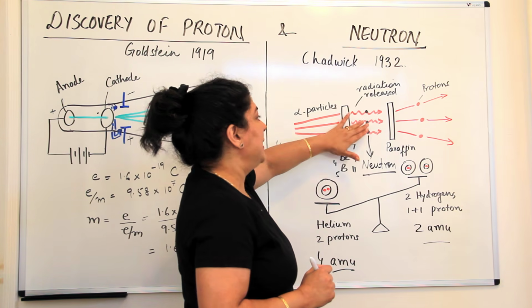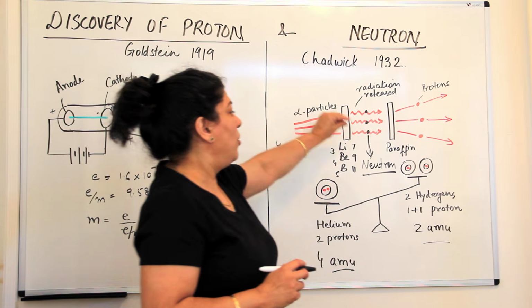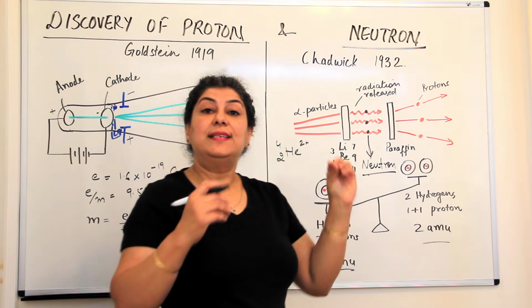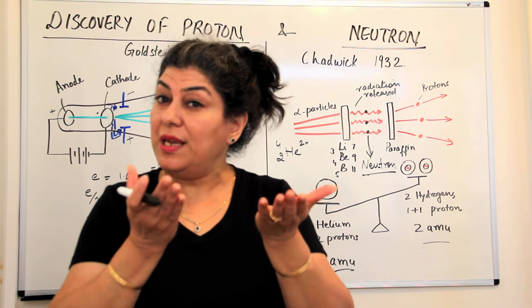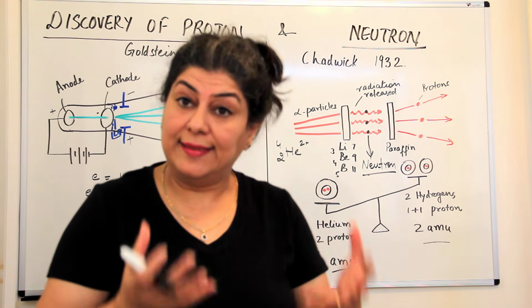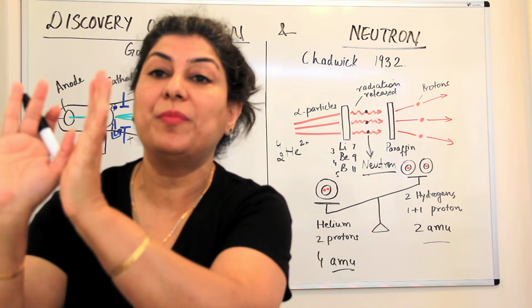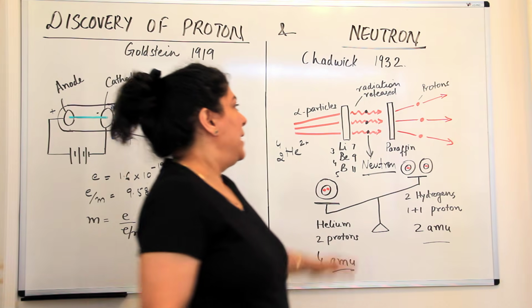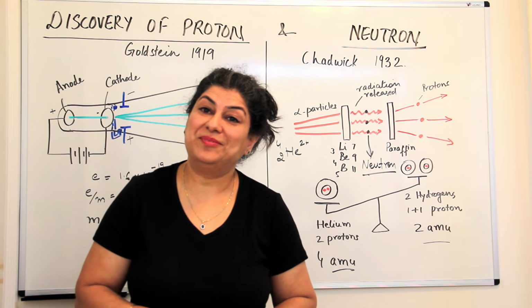So he decided that whatever this particle is, which is neutral, he called it the neutron. And he said that neutrons are particles which have a mass equal to that of a proton, and that is why it was possible for them to hit the protons and throw them out of the paraffin. So that is how neutrons were discovered by Chadwick.